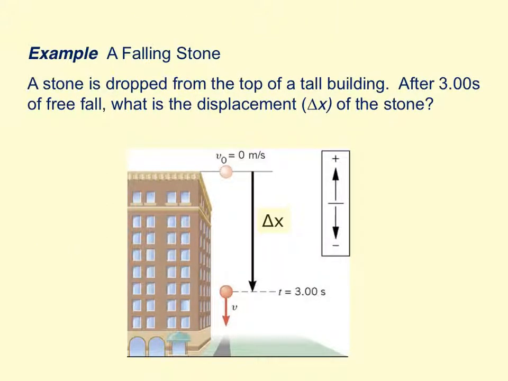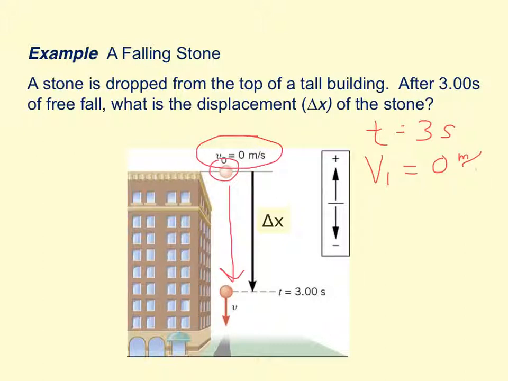All right, we have an example here of a falling stone. The stone is at the top of the building, and after 3 seconds, it falls down to here. So we have a time of 3 seconds. Because the ball is dropped from the top, its initial velocity is going to be 0 meters per second. It is asking about the displacement, which we don't know. But is there any other information that we know about this problem that can help us solve?